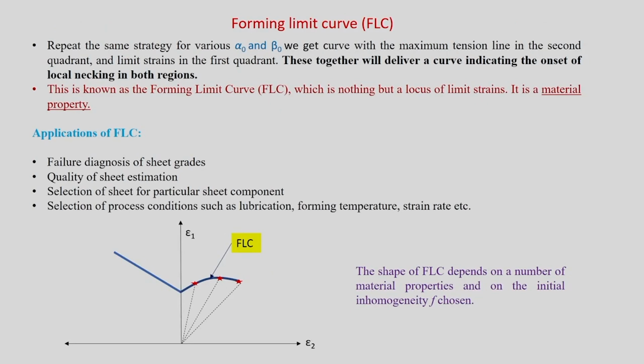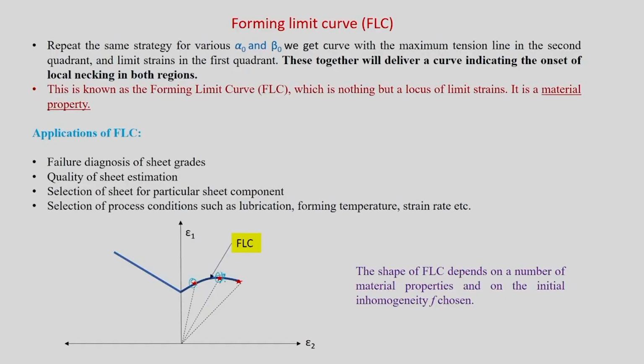Then you will get different data points in your forming limit curve, mainly on the right hand side of the forming limit curve, let us imagine. So you will get this first star, the second star, the third star. These 3 points, epsilon 1 star and epsilon 2 star, if you join them, will give you a locus that gives the forming limit curve on the right hand side.